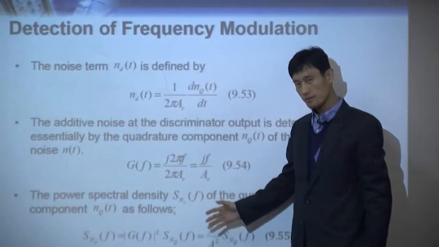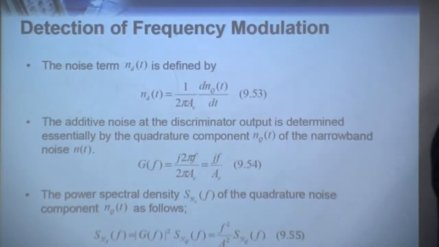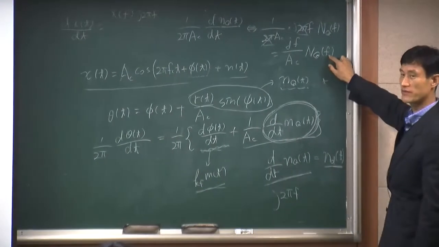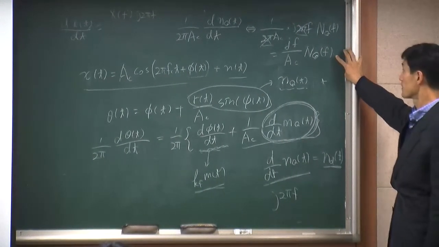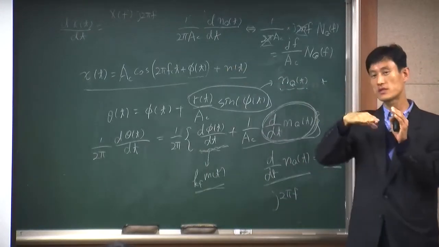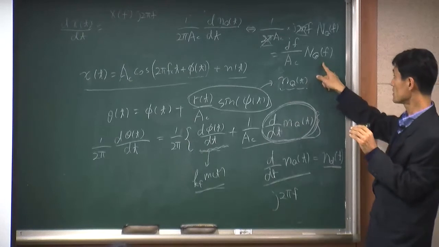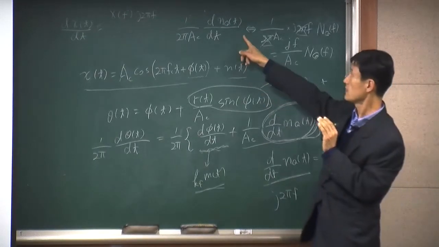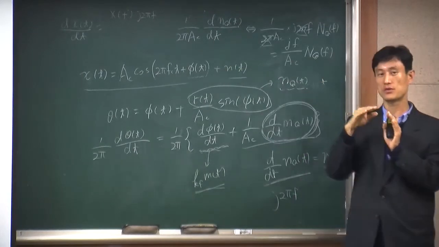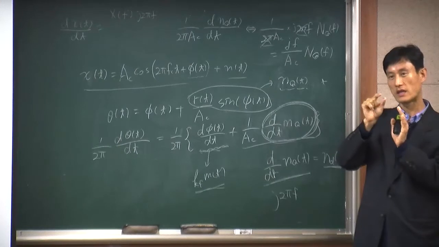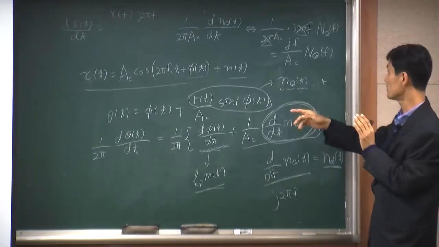Now, what we want to look at is what this N_q(f) is, and also this n_q(t). This one is a noise signal over time, and this is a noise response in frequency. So n_q(t) tells you the noise amplitude at each instantaneous noise value.